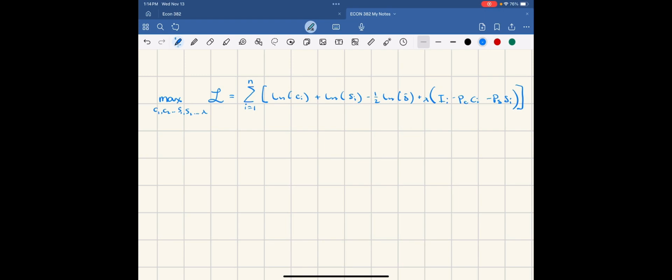So that's the optimization of the social planner, rather. And so we can look at this and calculate this accordingly.